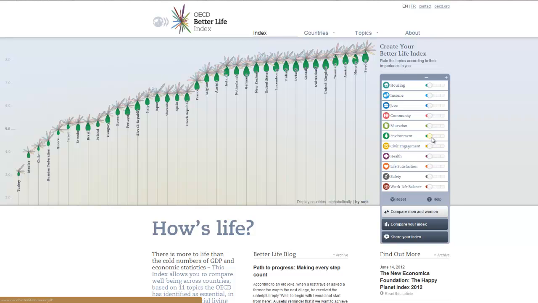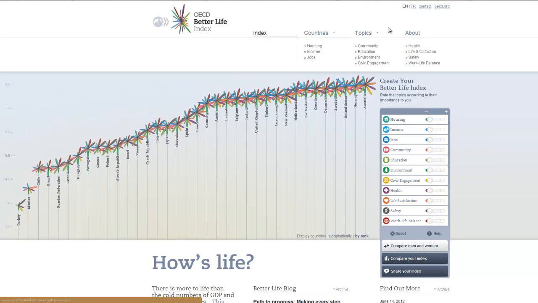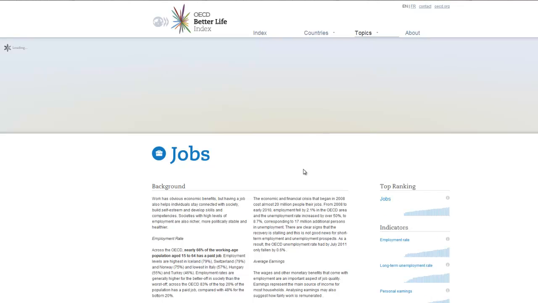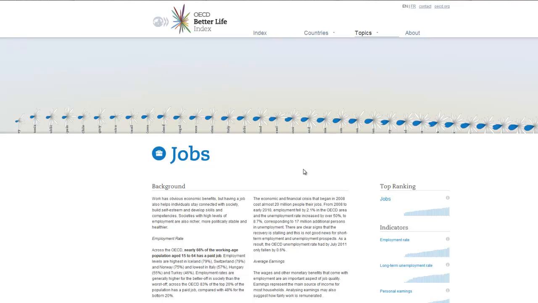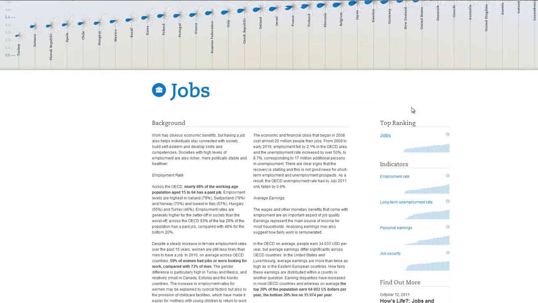If you want to dig more deeply into some of those indicators and topics, you can go here, and they're all listed. So let's look at jobs. It's an important topic right now. This page will isolate the job index, and they're not all on my graph here because of the screen sizing, but basically they tell you what the job indicator is composed of.